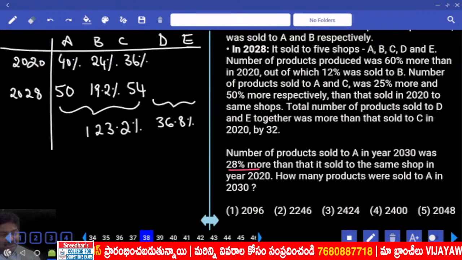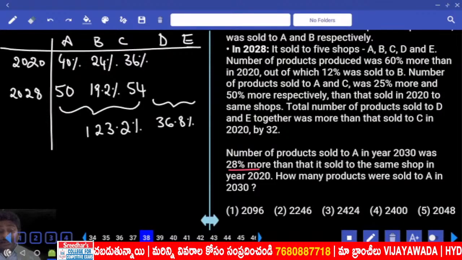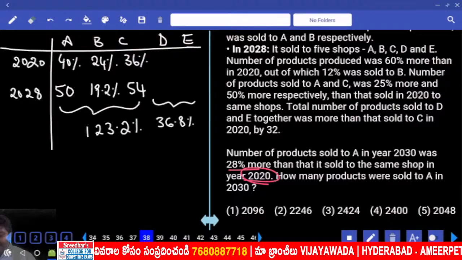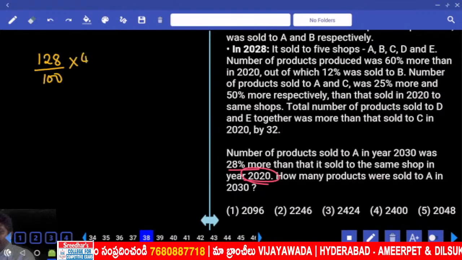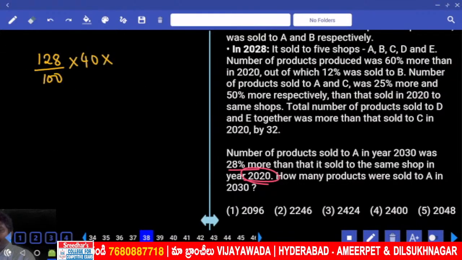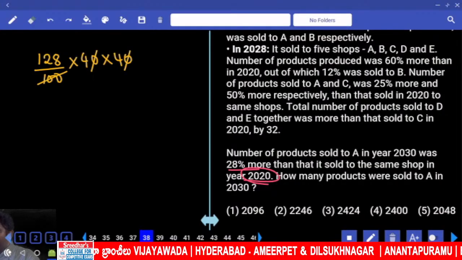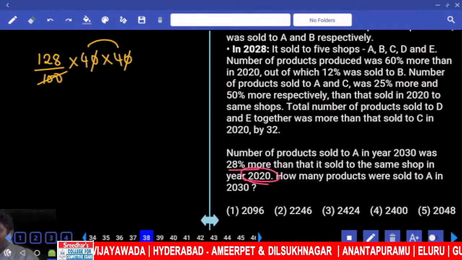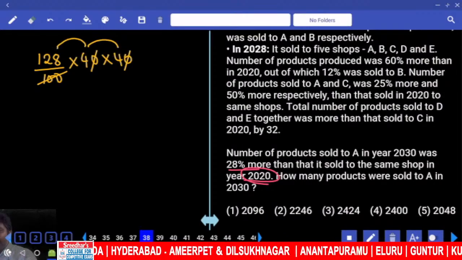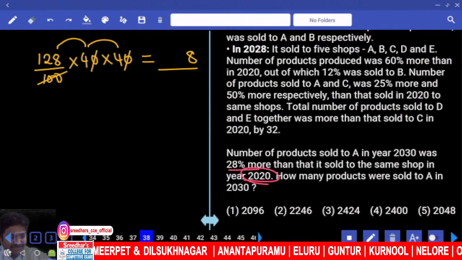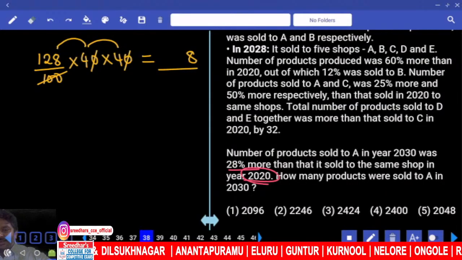For which product? A. Which year? 2020. What percentage? 40%. Into 1% value, 40. 2 zeros cancel. 4 into 4 ends with 6 into 8 ends with. Answer should end with 8. How many options are there? Only one, 2048.